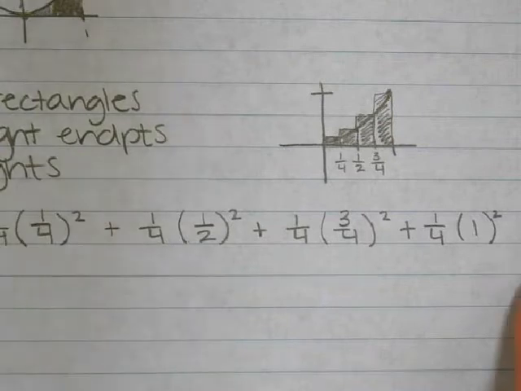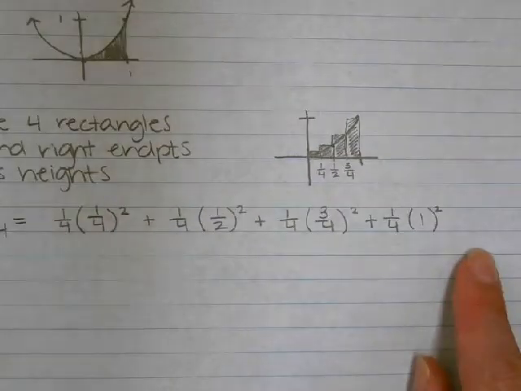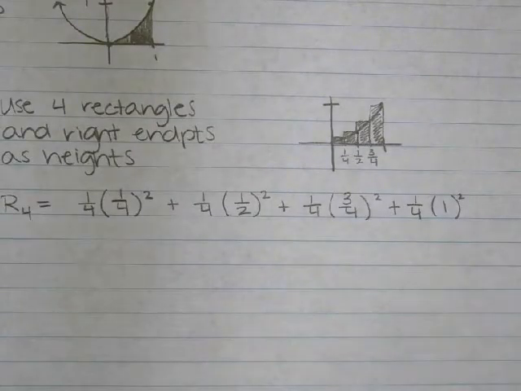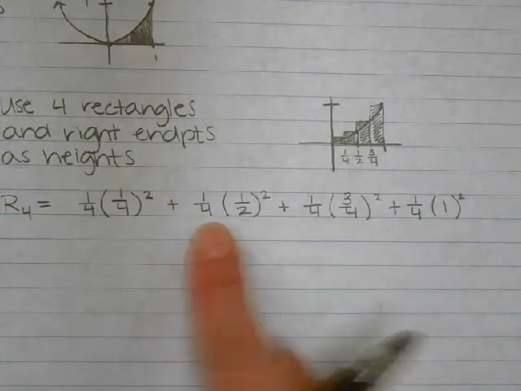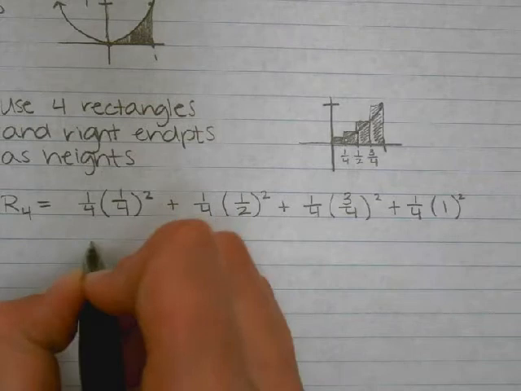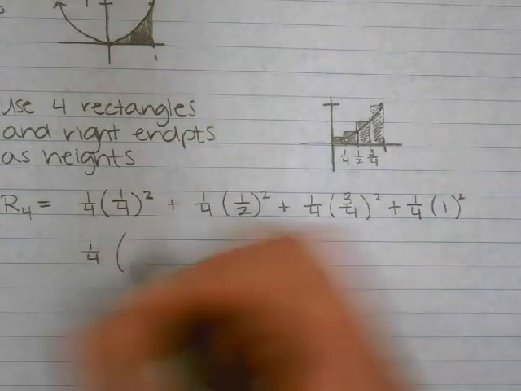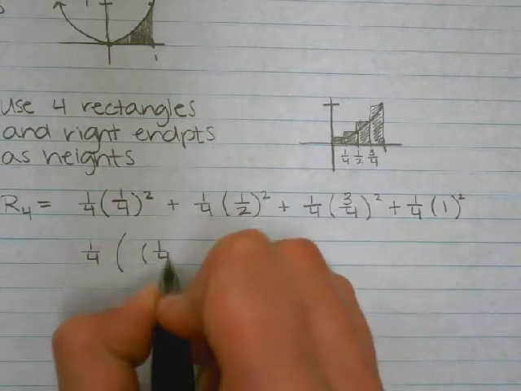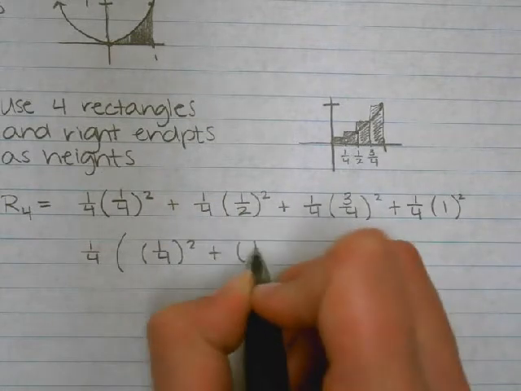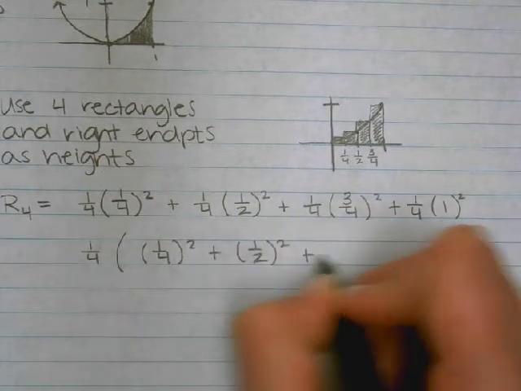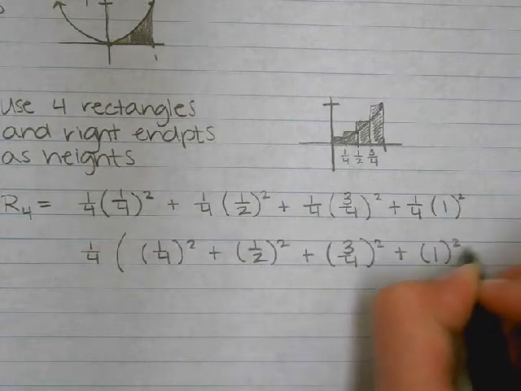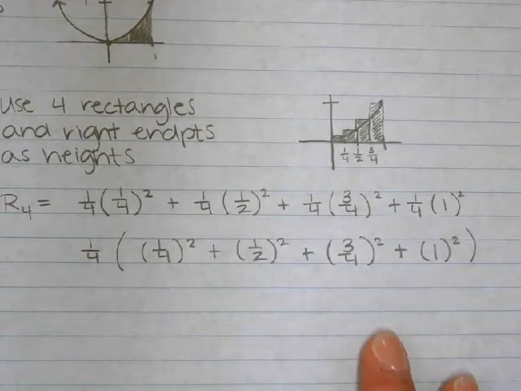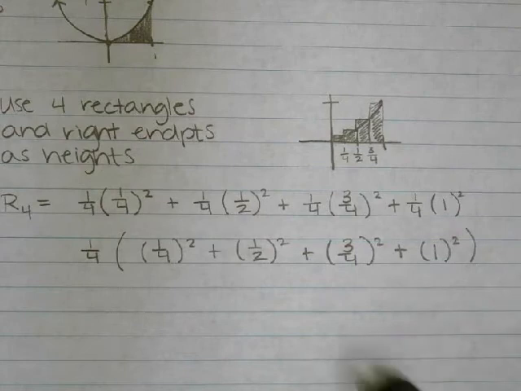All right, now there is a shorthand way to write this, so we don't have to type all of that into our calculator. We're going to think of 1/4 as being kind of like the GCF of this problem, so we're going to put 1/4 in the front. Then we've got 1/4 squared plus 1/2 squared plus 3/4 squared plus 1 squared. We're going to talk about it more later, but this is called a Riemann sum.